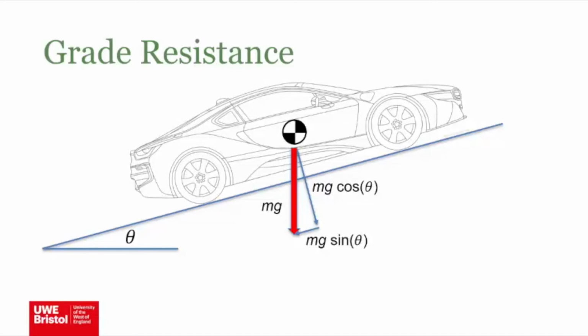Using a bit of trigonometry, you can see we've got opposite over hypotenuse here, and adjacent over hypotenuse there, to give you the sine and the cosine forces. This bit in the direction of the vehicle travelling is the resistive force. mg sine theta is going to be trying to pull the car down the hill. So that's your grade resistance.